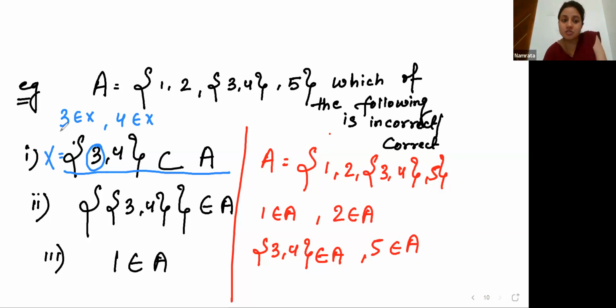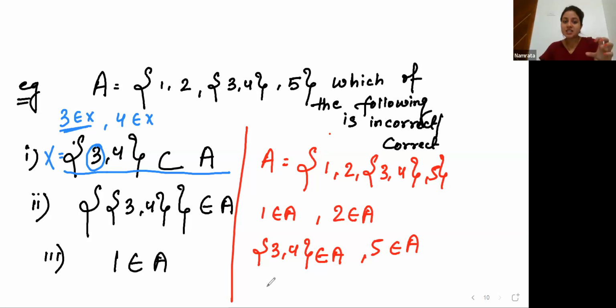So see, 3 belongs to X. Does 3 belong to A also? No, not at all. So this way we have to identify it. 3 belongs to X, but 3 doesn't belong to A. Element 4 belongs to X, but 4 doesn't belong to A. And hence the given statement, X is a subset of A, is incorrect.